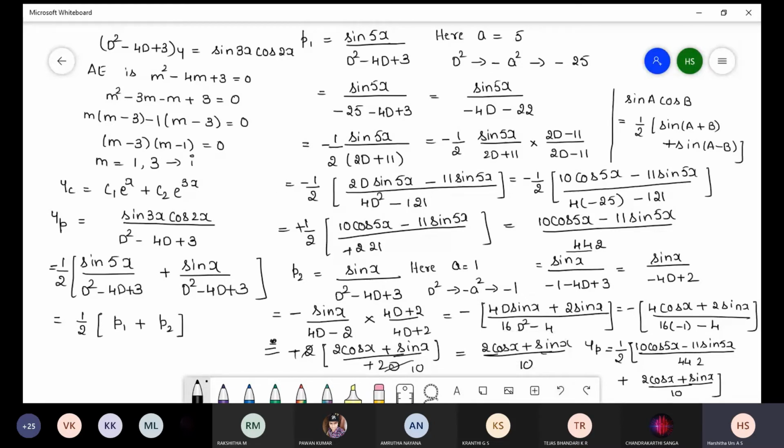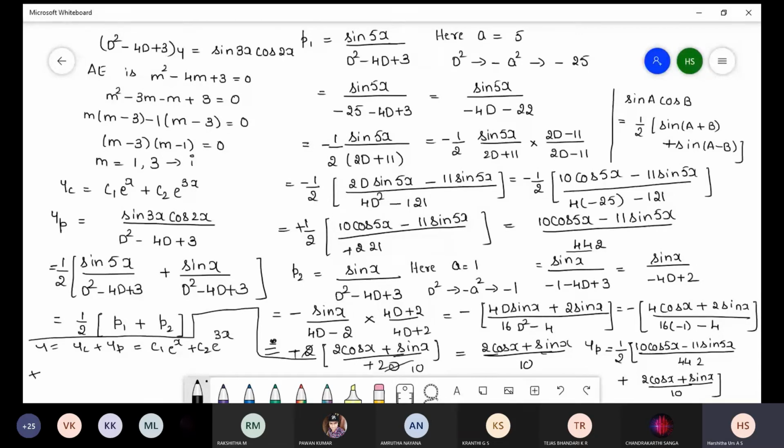Now we have to write y is equal to yc plus yp. That is, yc is c1 e power x plus c2 e power 3x.